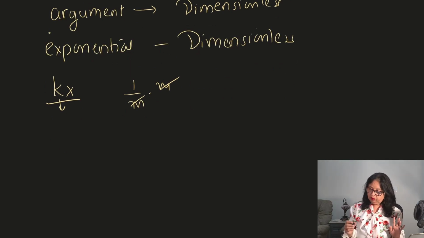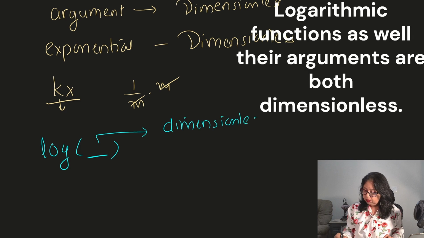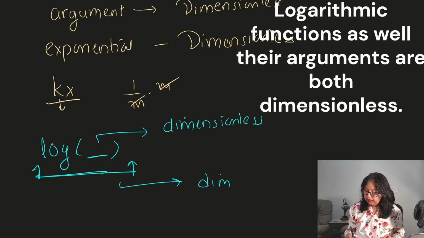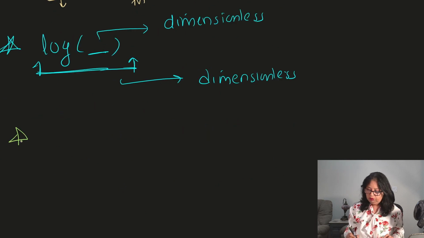What else is dimensionless? Logs. Log of anything. Again, this argument will be dimensionless because it needs to be a number. All the units must cancel out, and this entire thing will be dimensionless as well. So here's another thing, and one more.